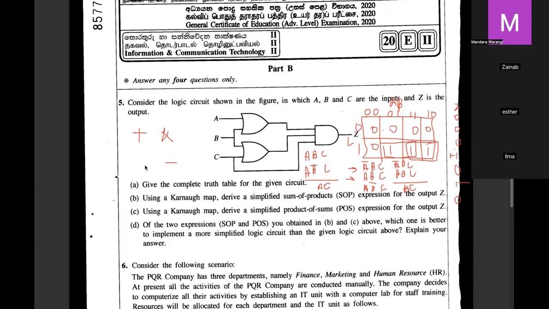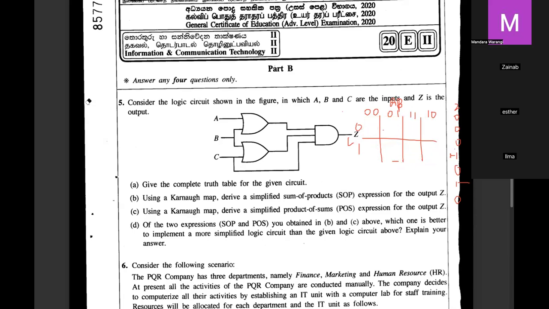So with that knowledge, can you do the POS one? In POS, you have to mark the zeros first, not the ones. It's the same format as this Karnaugh map.